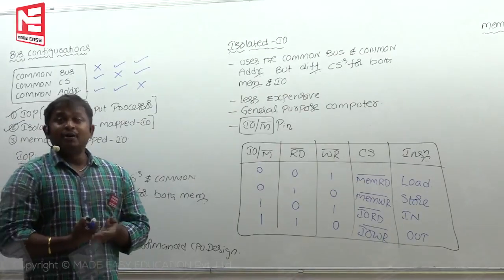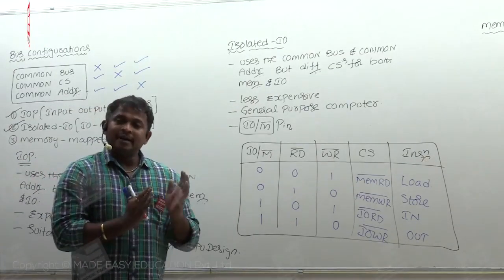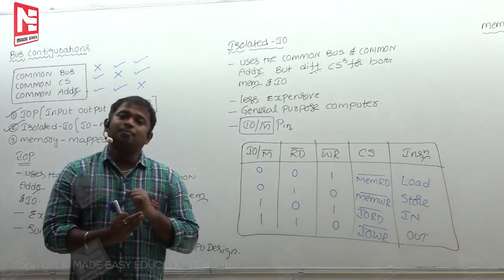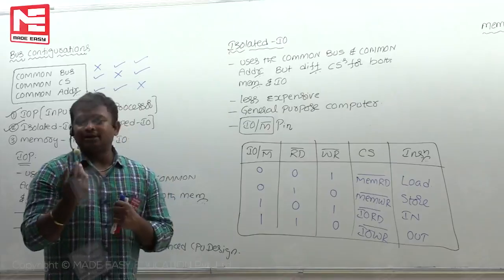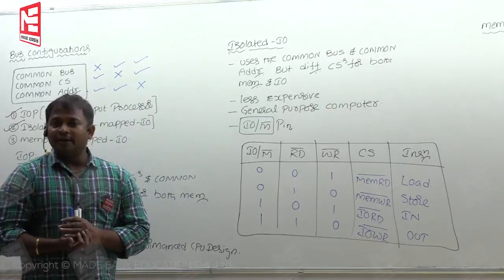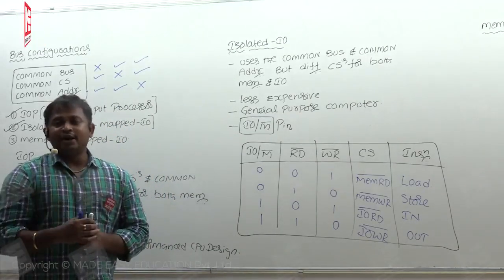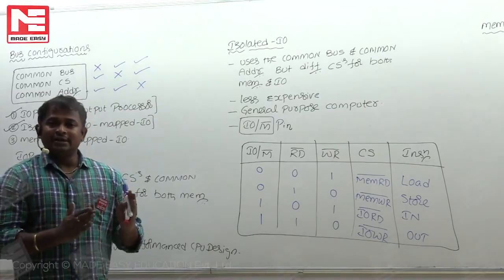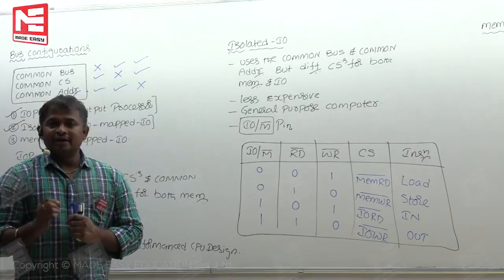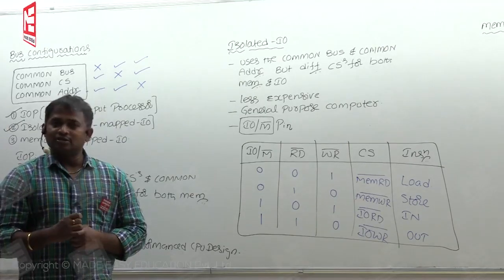So at the time of implementing the system, memory addresses are mapped to IO ports. What address is mapped to an IO port is maintained in the documentation manual. By reading the documentation manual, the user can understand the memory address and IO address, and accordingly develops the application software.